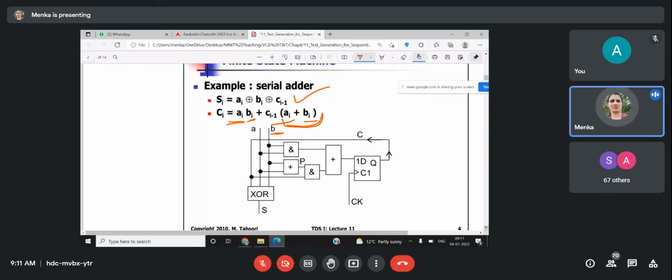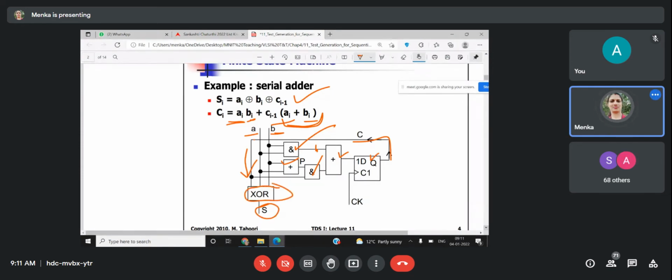Ai, Bi are actually inputs, and Ci-1 is from the feedback system. So first of all, you will prepare Ai, Bi ANDed, then Ai OR Bi, then ANDed with Ci-1, and then ORing of these, and this is going to a flip flop, and from the flip flop it goes to the feedback path here, and the sum is just the XOR of these three.